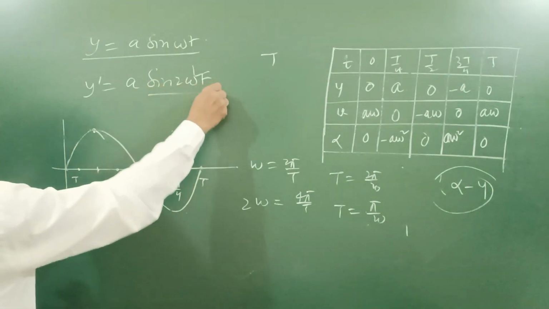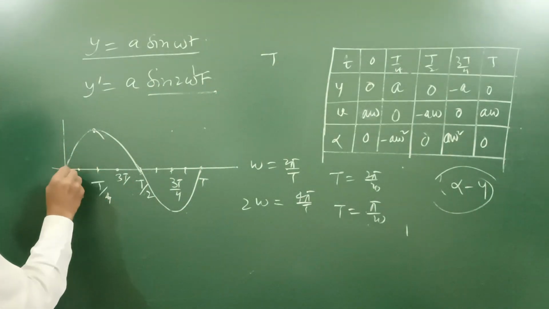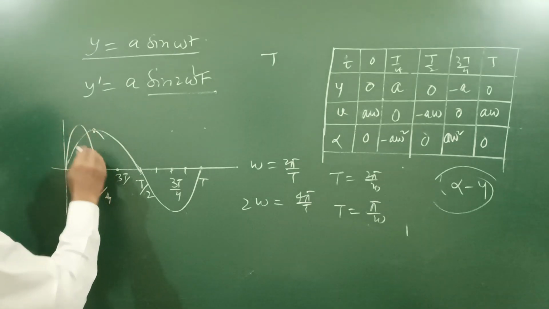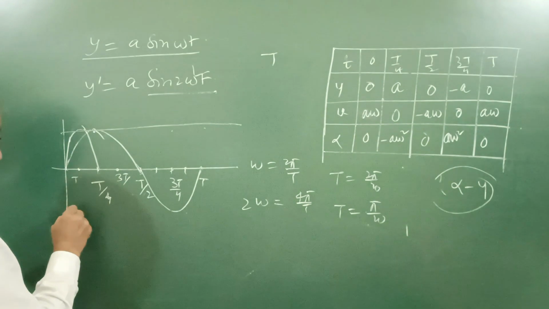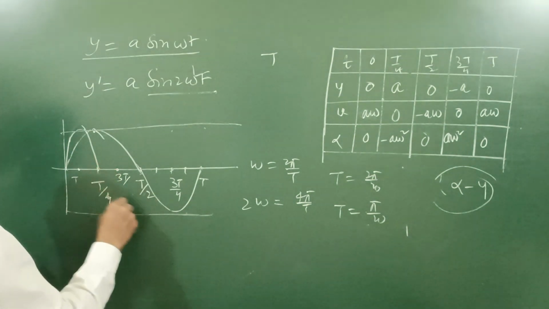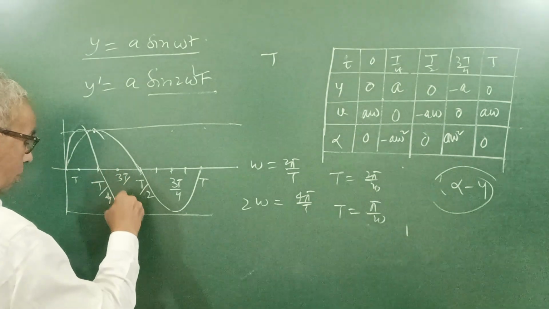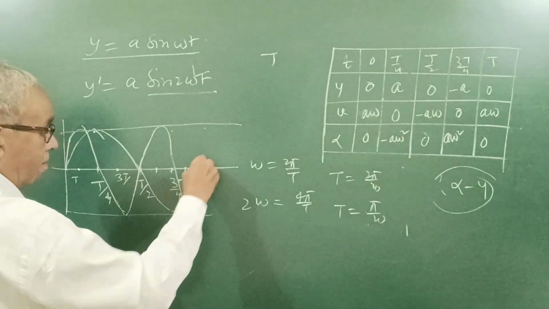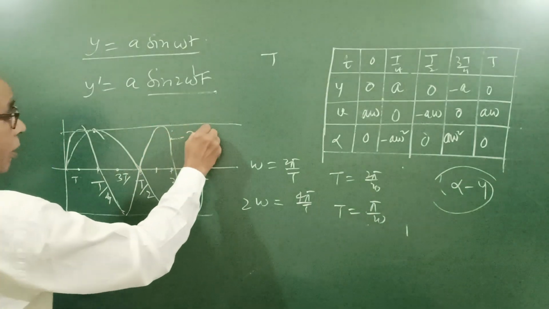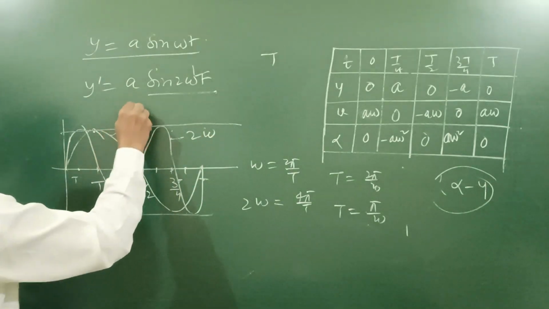For this one, it will come like this. एम्पलीट्यूड same है, तो अगर amplitude different है तो वो भी different हो जाएगा. It is for 2 omega. This is for omega frequency.